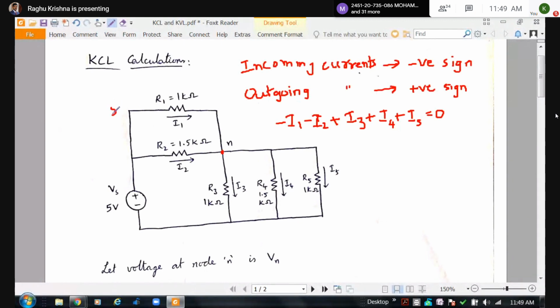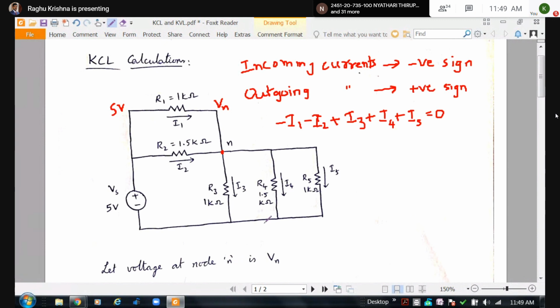If you take the current I1, it is flowing through the resistor R1. One end of the resistor is at 5 volts, the other end is at Vn. Let the voltage at node N be Vn.